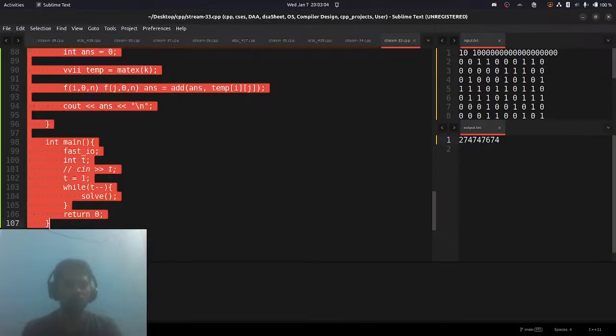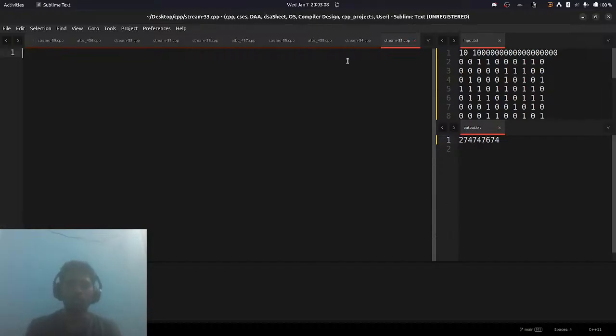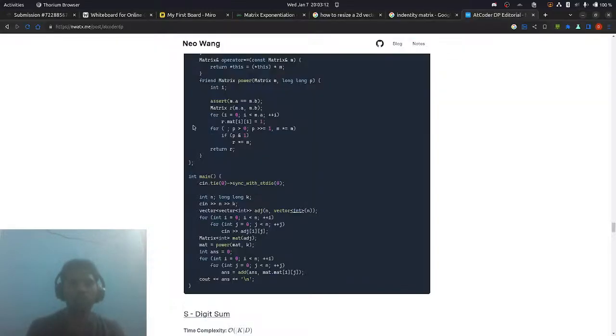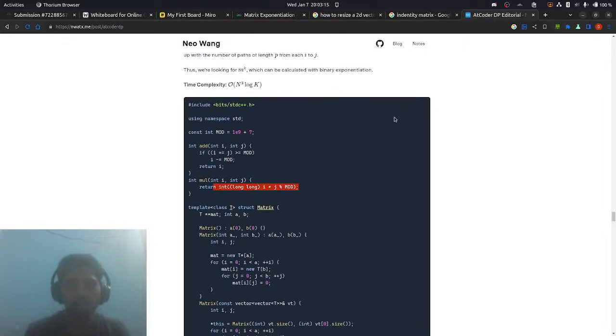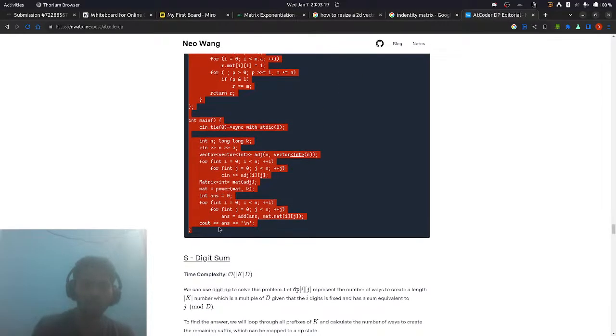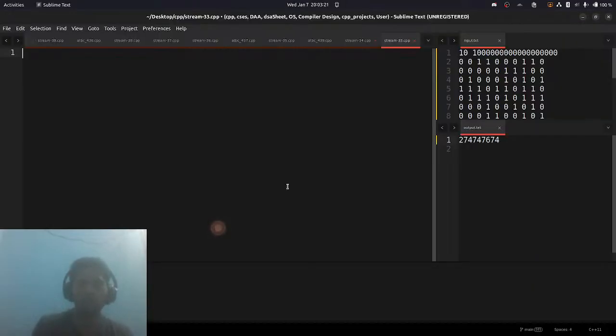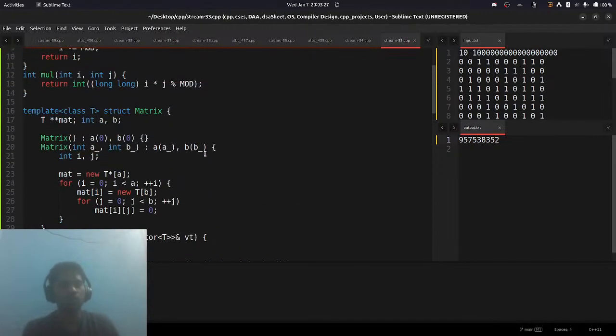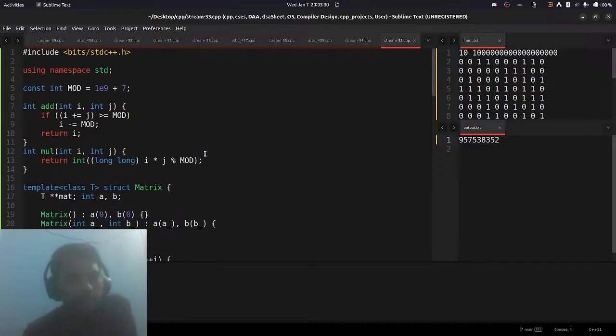Okay, just see, I'm going to do one thing. Paste. I'm going to copy his code, and for sure he is going to get it correct. See, I don't even know what I'm doing wrong.